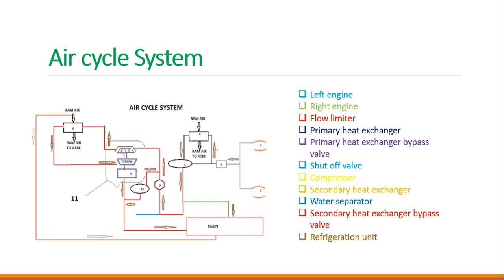So we have engines and a flow limiter, then the primary heat exchanger, then the primary heat exchanger bypass valve, then the shut off valve, then the compressor, secondary heat exchanger, water separator, secondary heat exchanger bypass valve, and lastly the refrigeration unit.